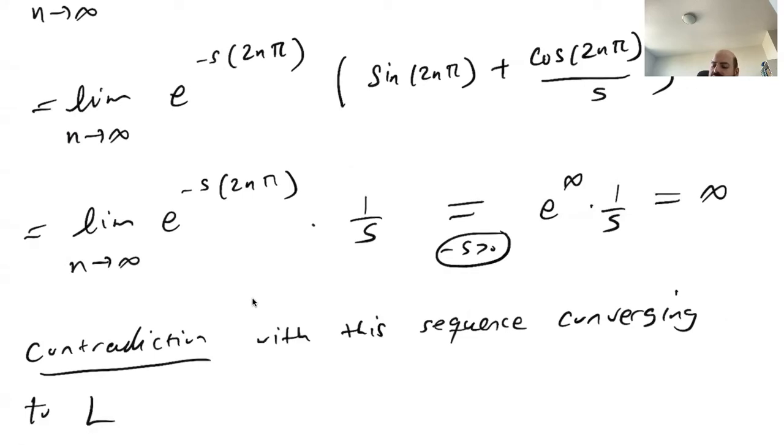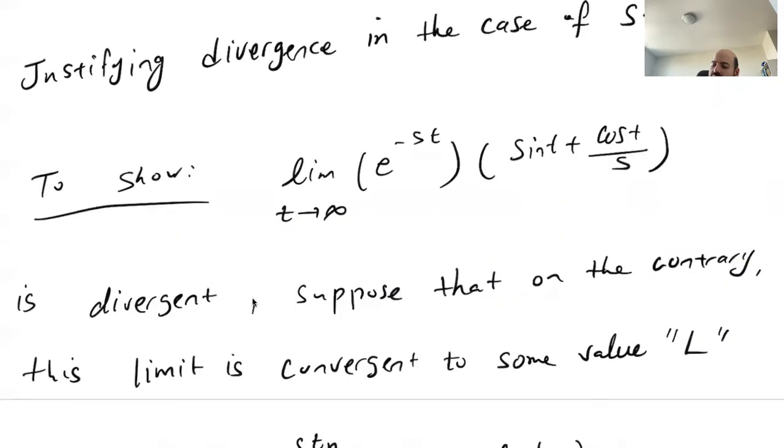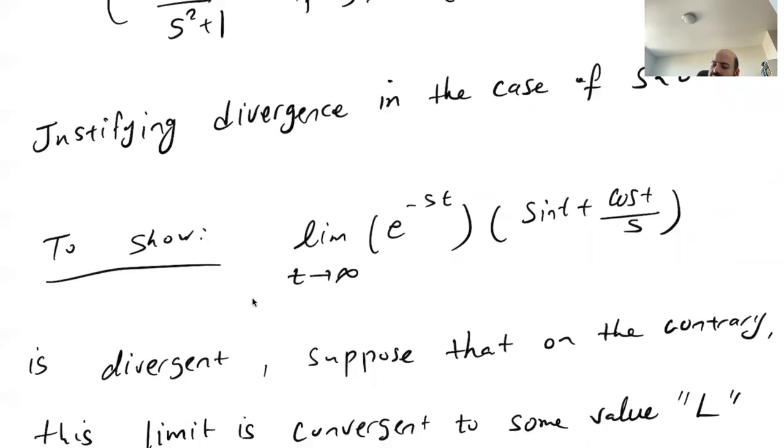So it's a contradiction. So this contradiction shows that the original limit that we were considering here must be divergent, because if it was not divergent, then we would have a contradiction.